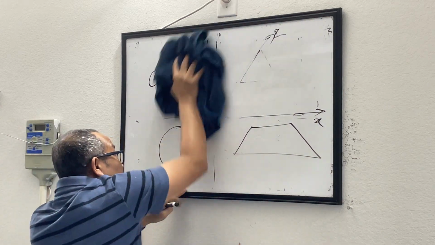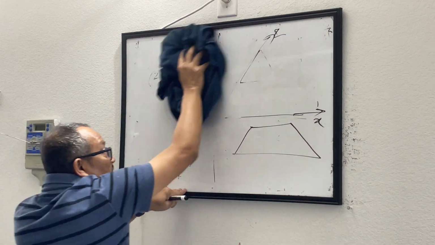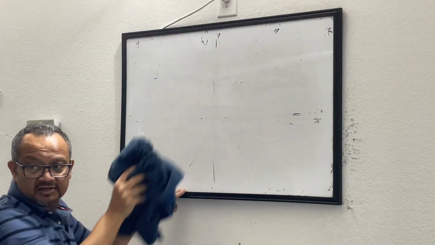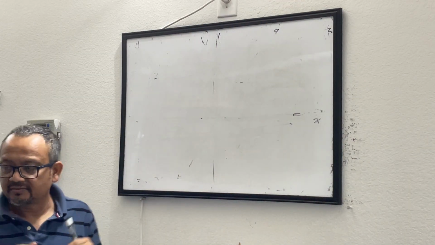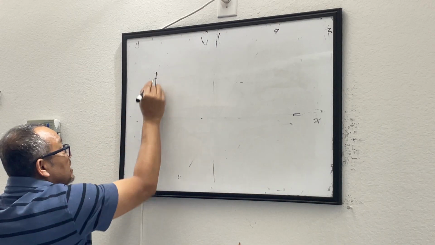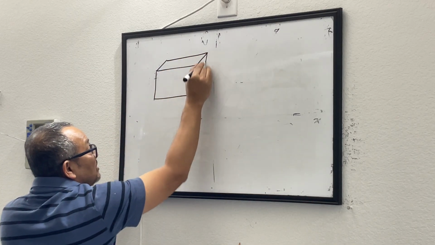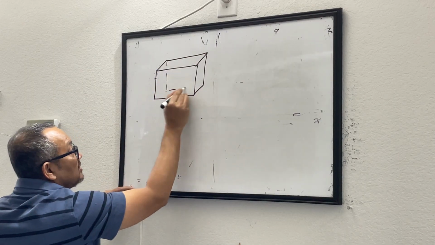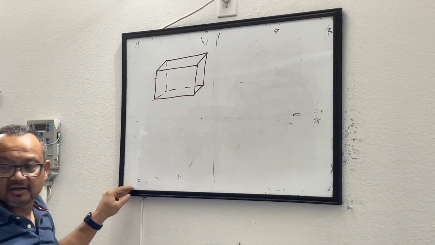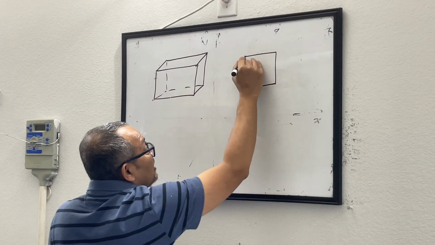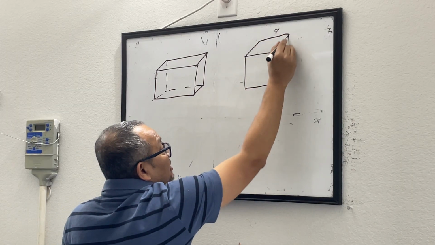So the summary of what I have said so far is that you had simple objects and you added height to them. You had a rectangle, you added height to it. You had a square, you added height to it.